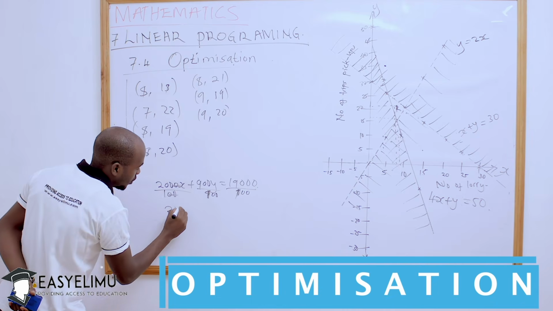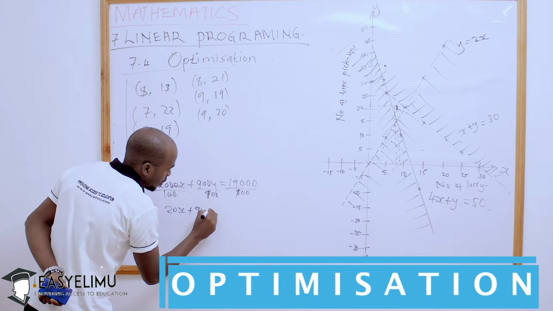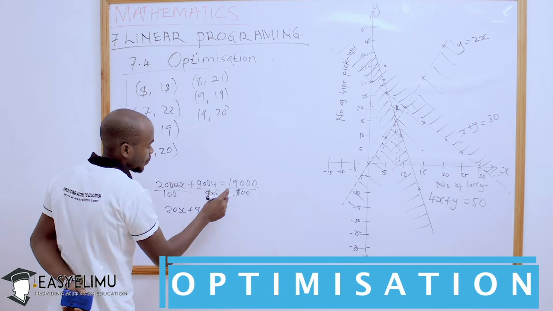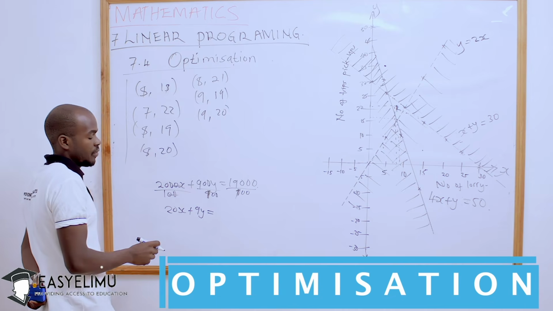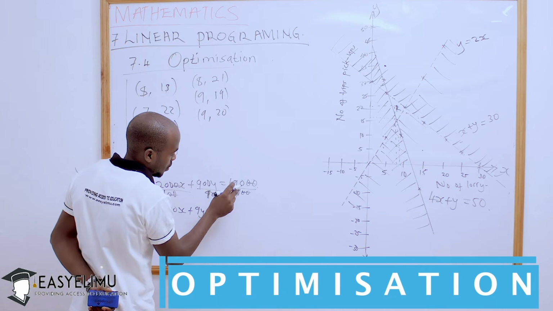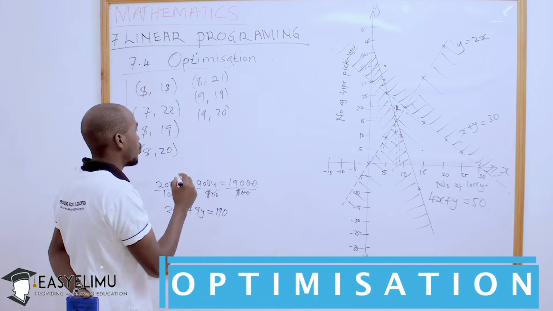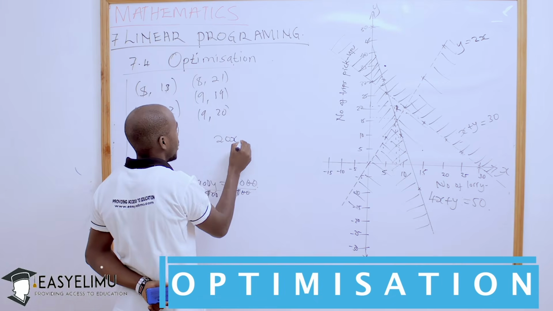So we shall have 20x plus 9y is equal to 190. So we shall form an inequality in that we have 20x.